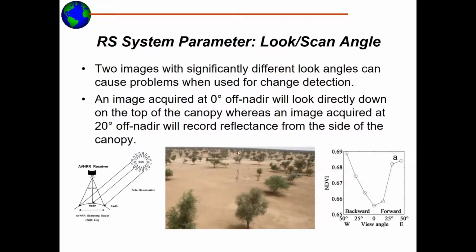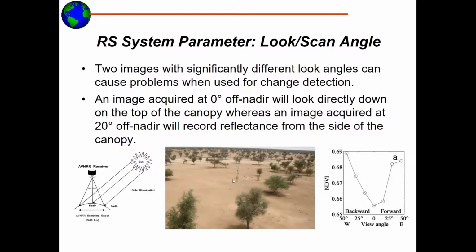So with a higher viewing angle, more of the vegetation is seen, generating more vegetation in the image compared to an image taken with a lower viewing angle. So therefore, when comparing two different images, it's really important that they are taken with approximately the same viewing angles.